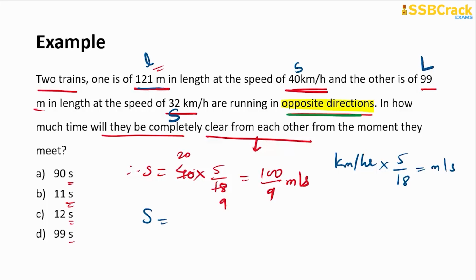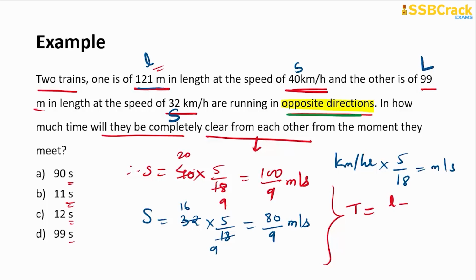And capital S is 32 km per hour multiplied by 5 by 18, which converts it into meter per second, and that is 16 5s are 80 by 9. Now with these speeds, we shall calculate the required answer for our question, which is to get the time to cross over. T is equal to small l plus capital L upon small s plus capital S.